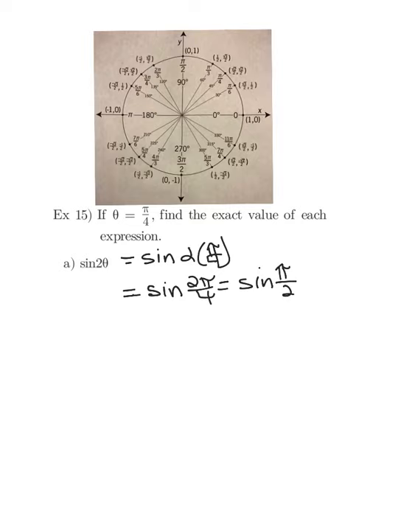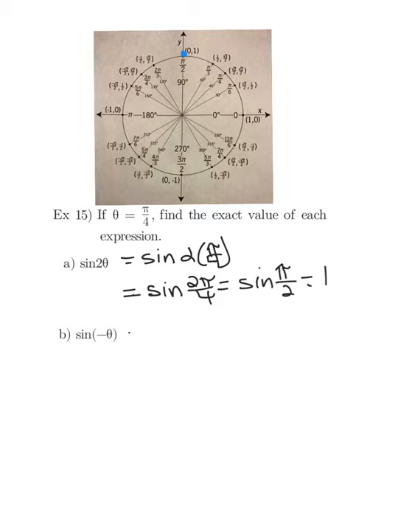Pi over 2 is this point. The sine is the y value. So what does that y value equal? It equals 1. On our second example, we are asked to do the sine of negative theta.